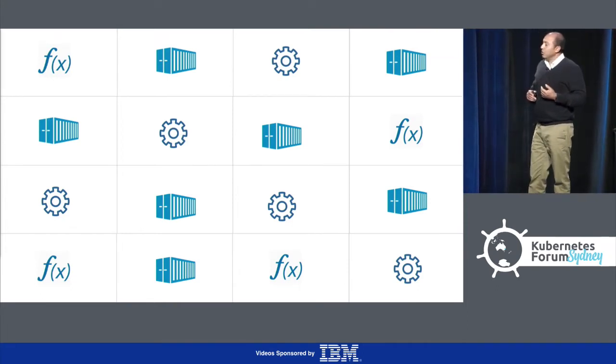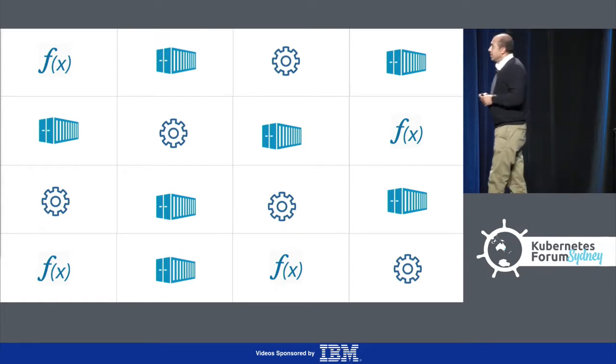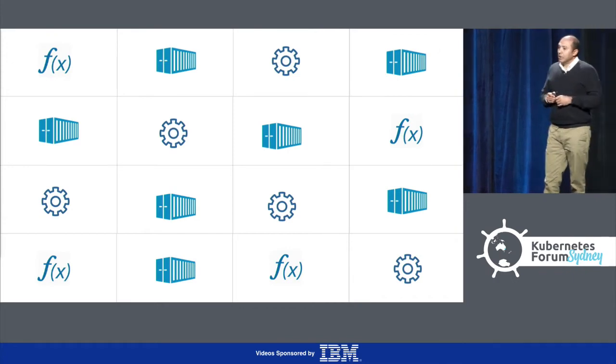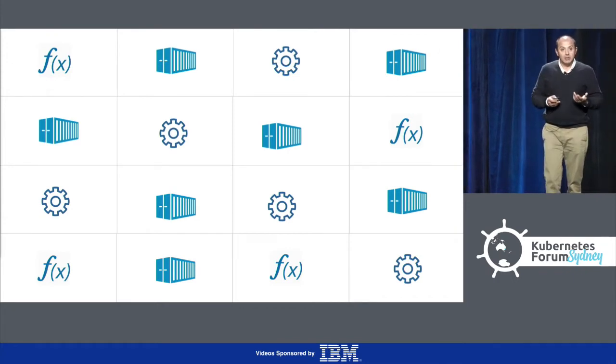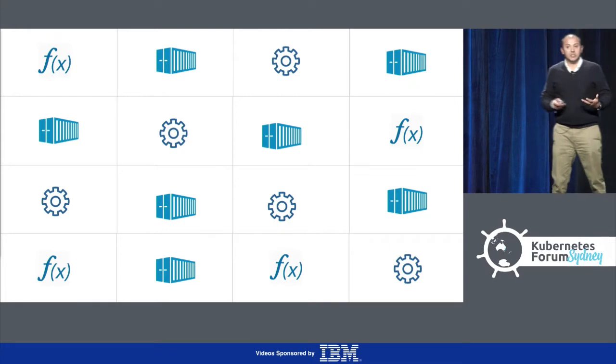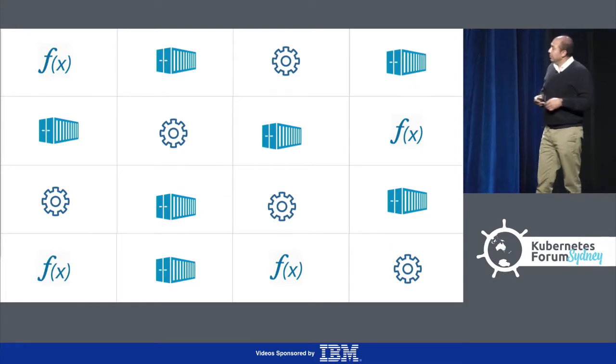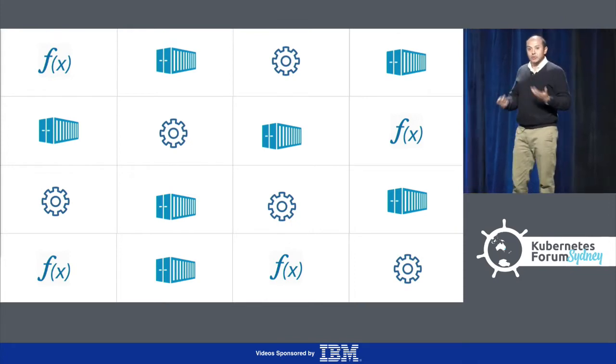You can go for containers on Kubernetes. You can go for a very opinionated platform like CloudFoundry if you need to move with velocity. Or you can be looking at individual cloud functions like serverless.